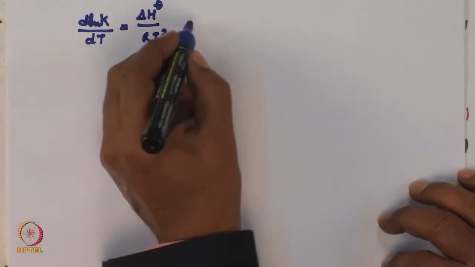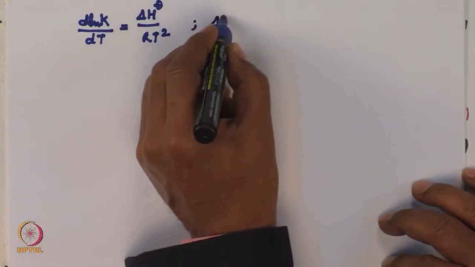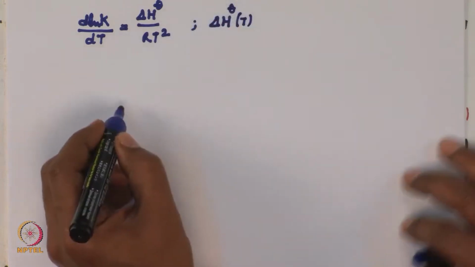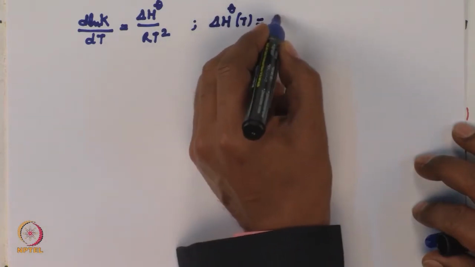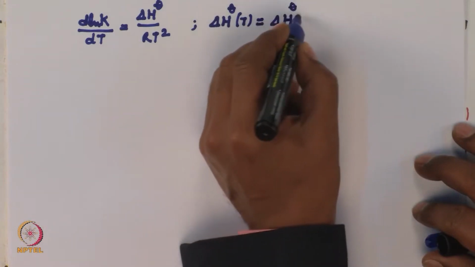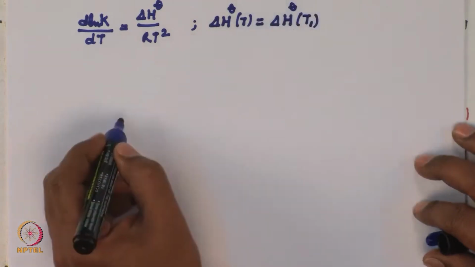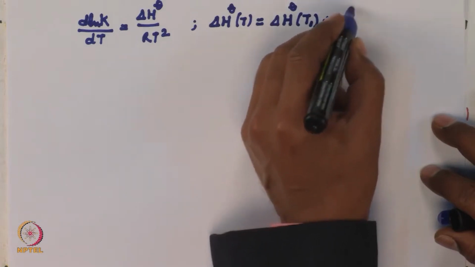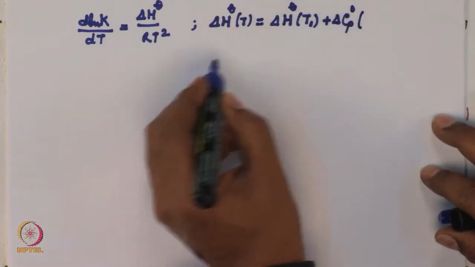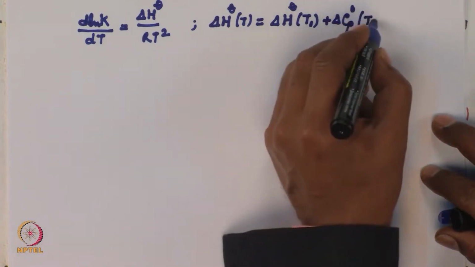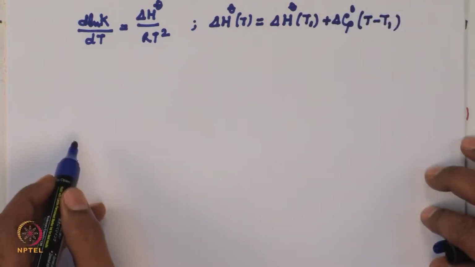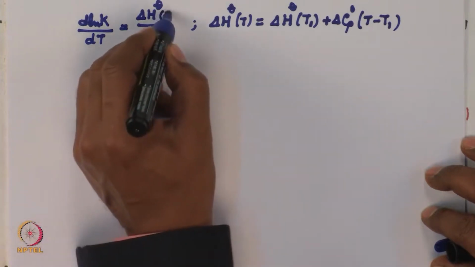Now, delta H naught at any temperature I can write as delta H naught at T1, let us say T1 is my reference temperature, plus delta Cp naught into T minus T1. This is by using Kirchhoff's law, because this is at any general temperature.